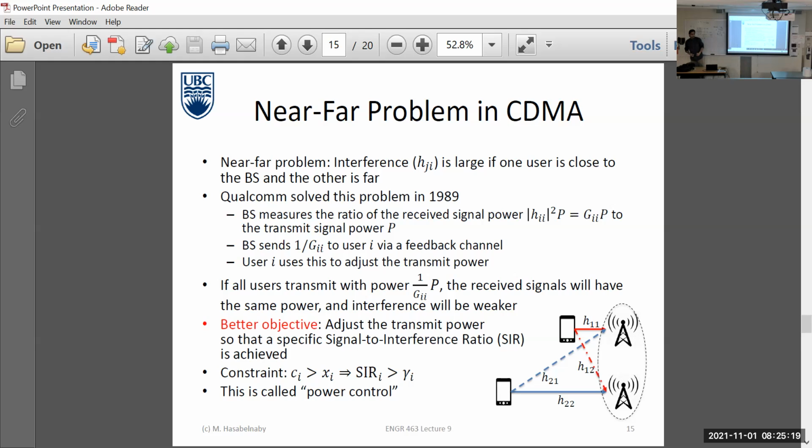What is this problem? This problem is called the near-far problem. What is the meaning of the near-far problem?